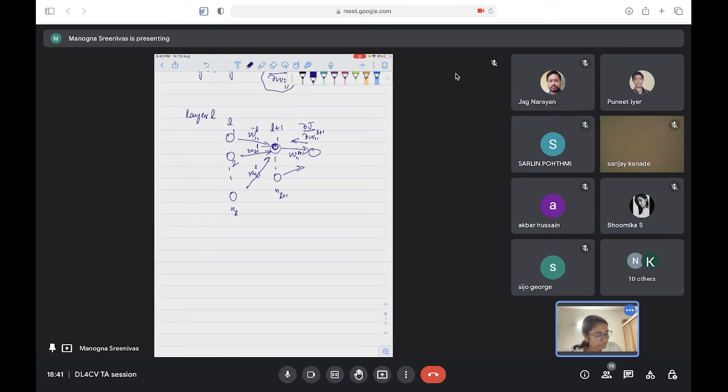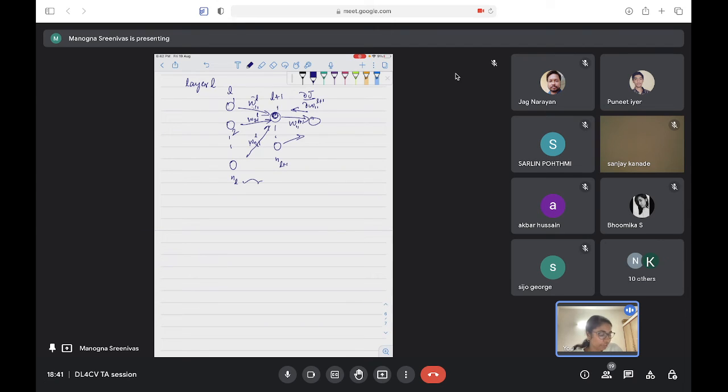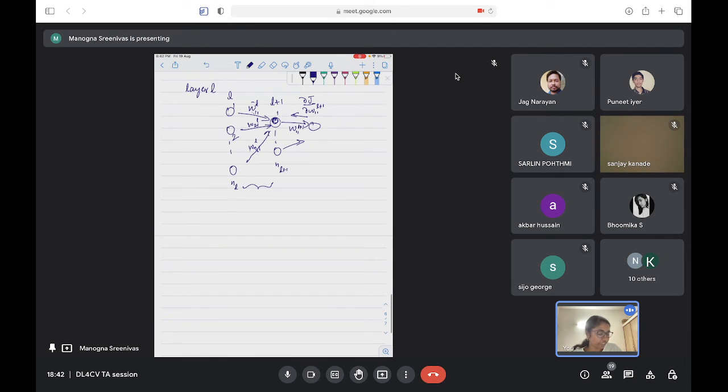Now, what are all the weights that get affected by this? Also remember, in this layer, what is the total number of weights I have? Anyone? There are NL nodes here and NL plus 1 nodes here. So what is the total number of weights I need to connect all the nodes from this layer to the second layer?